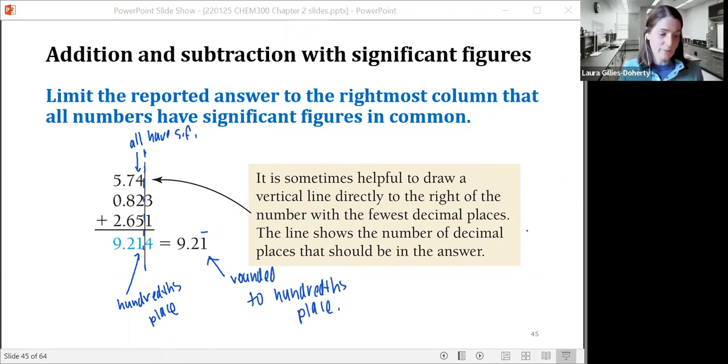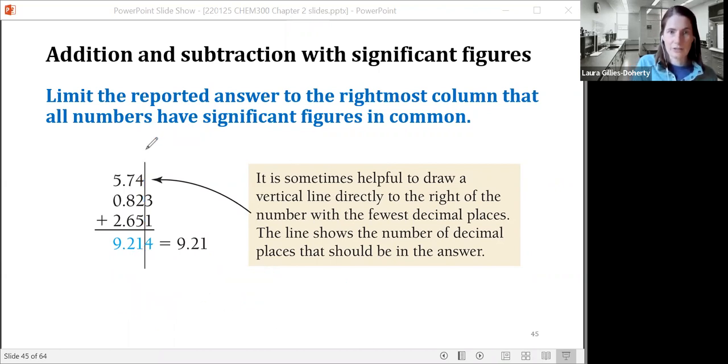So unlike multiplication and division, where it's just based on whatever number has the fewest sig figs, that's the sig figs in your final answer, here it's based more on the precision of your measurements, like how far to the right of the decimal point do they go. So you line them up, and then wherever one of them stops having sig figs, that's your cutoff point. I like to count the sig figs, like locate the place, so I don't have to line them up.